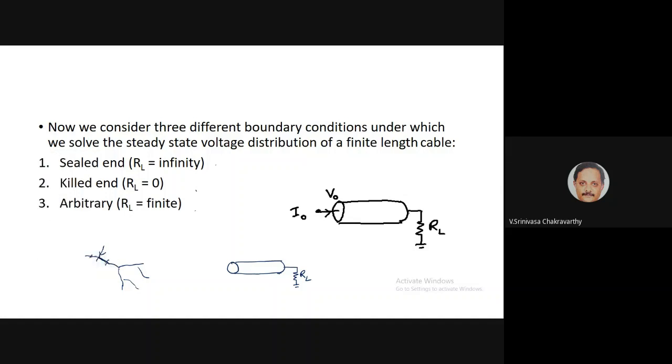But there's a lot of stuff after that finite segment. Whatever you have after that, let's assume for now that I can replace this whole thing and substitute it by simply a resistance. I'll call this RL.